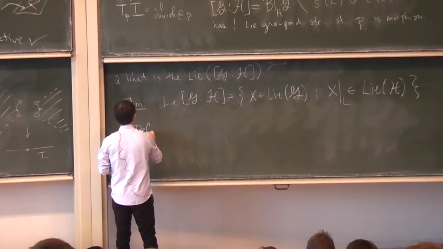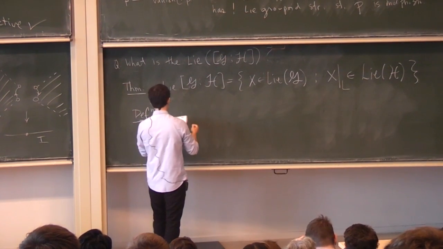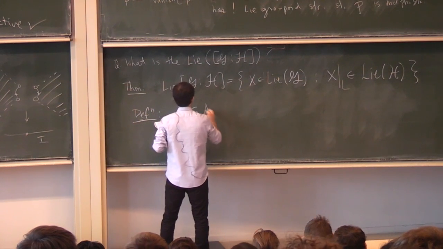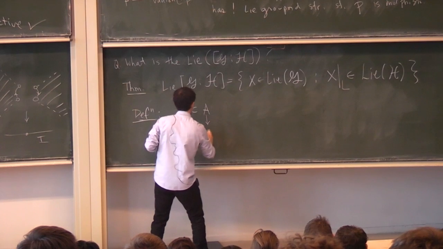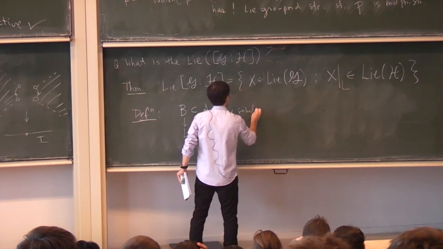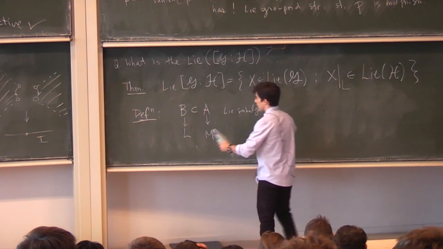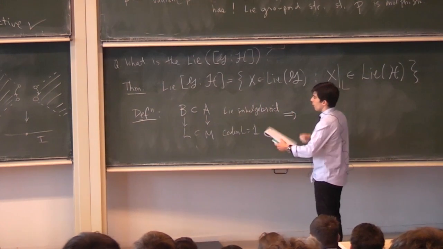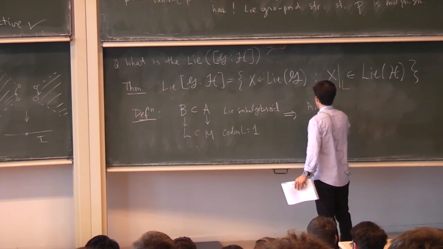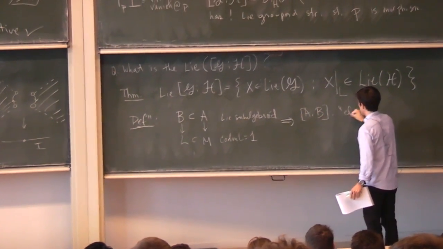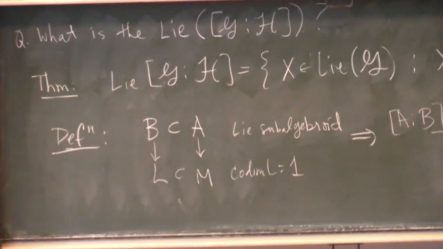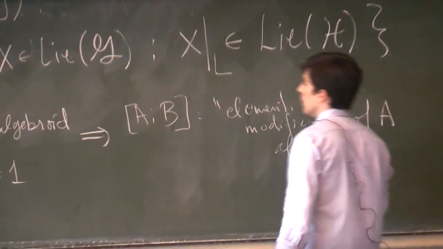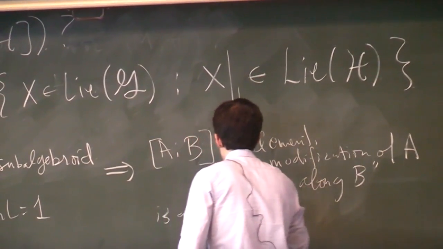So this motivates a definition, which is to say that if B over L, over a closed hypersurface L, is a Lie subalgebroid, so codimension of L is 1, then we can always produce a new Lie algebroid, A colon B, which we call the elementary modification of A along B. It is a new Lie algebroid.